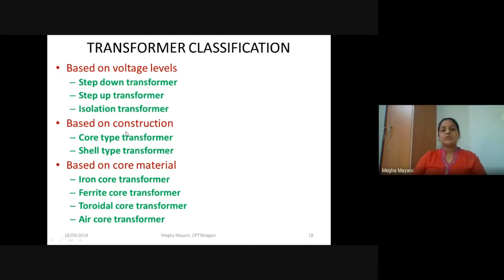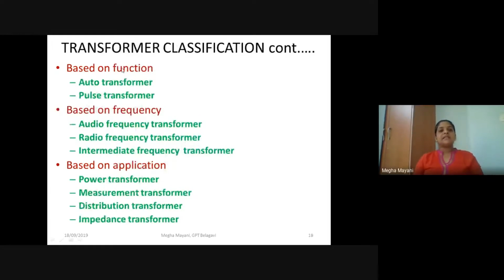Similarly, based on the construction technology, we can have core type and shell type of transformer. Coming to the material which is used for core, we can have iron core transformer, ferrite core transformer, toroidal core, or air core transformers. The next category is depending on the functionality of the transformer.